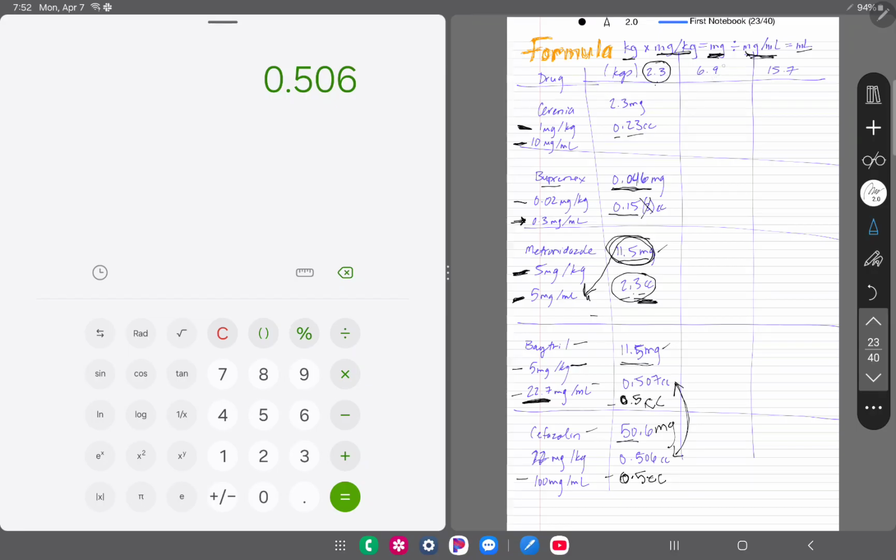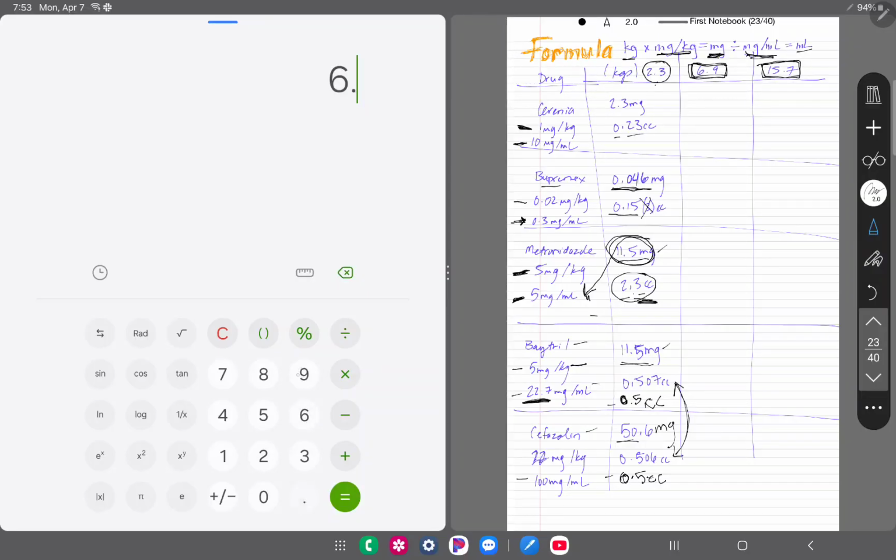Now, let's move on. We have an animal that's 6.9 kgs and an animal that's 15.7 kgs. Feel free to stop the video, go through all of these on your own, and then we can come back and see what the answers are. I'll keep going for now.